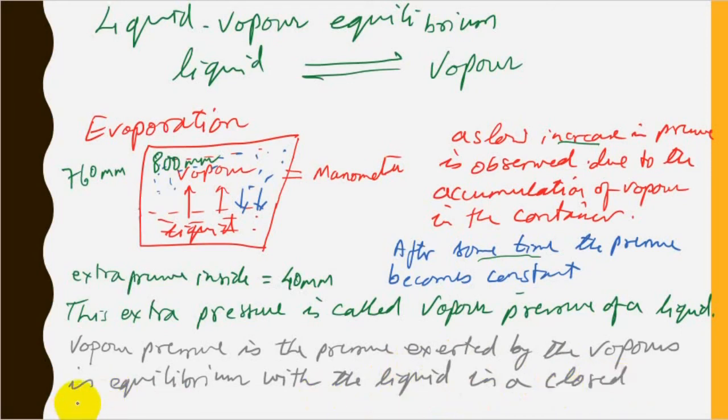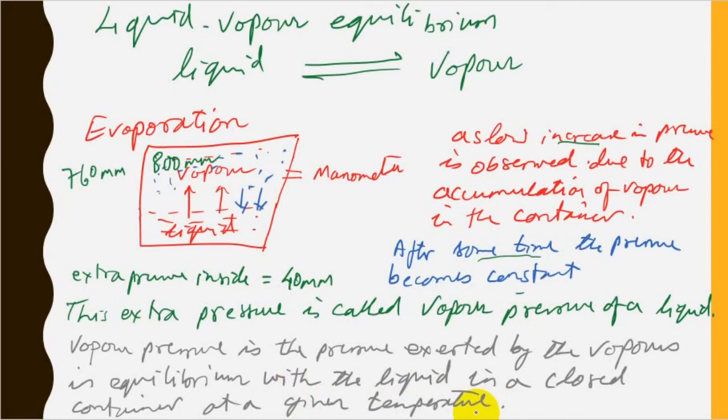The container has to be closed at a given temperature. If the temperature changes, then the rate of evaporation will change. So that's why the vapor pressure might change. Okay. So here, this is vapor pressure.